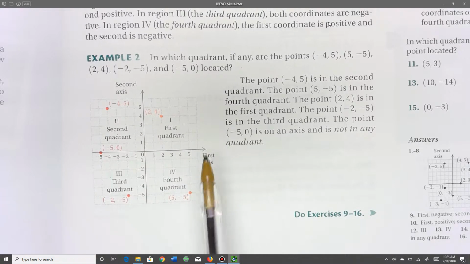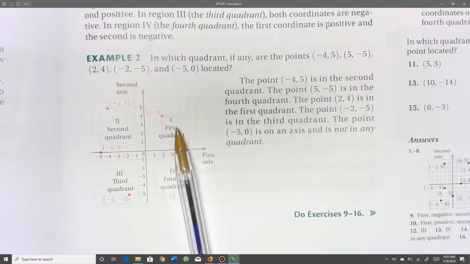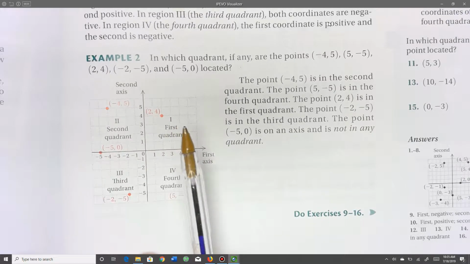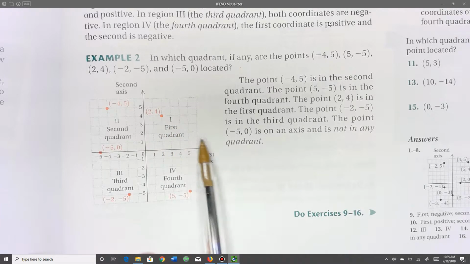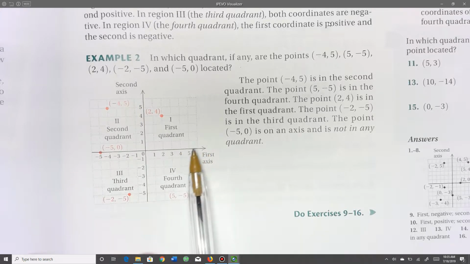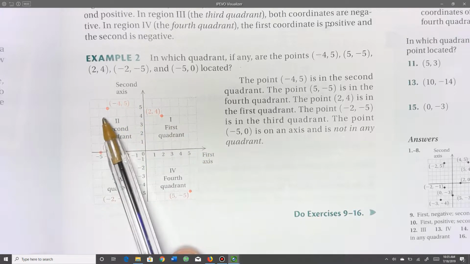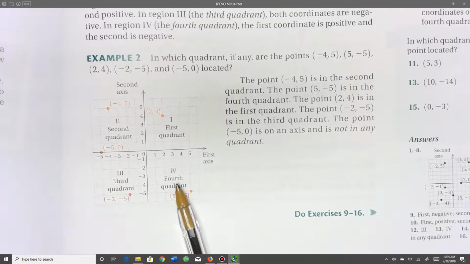And the best way to remember how to locate them is that the first quadrant is here, because you have positive values, and then the second quadrant is here, and then the third quadrant is here, and then the fourth quadrant is here.